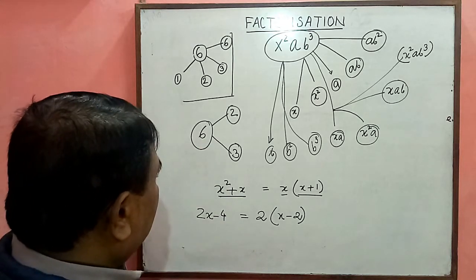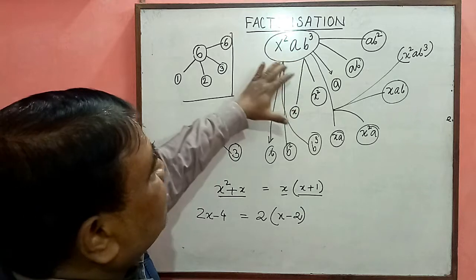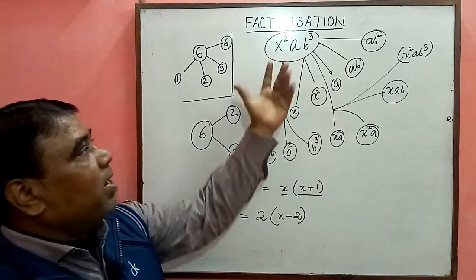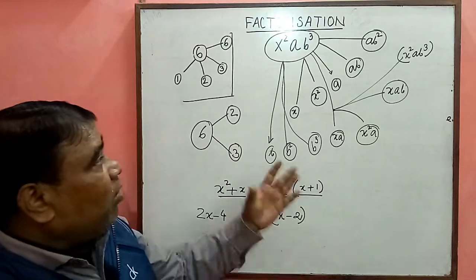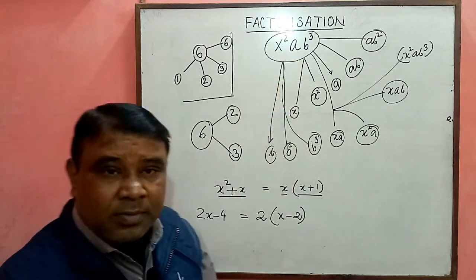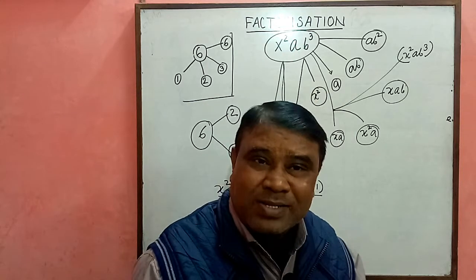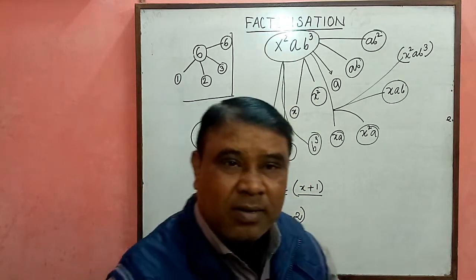Again, if I consider an algebraic number, it's a monomial. How do we know it's a monomial? Because there is no plus or minus sign with this expression.